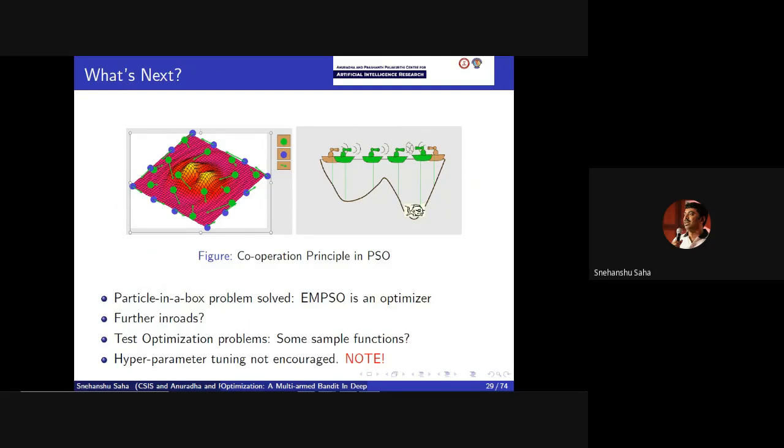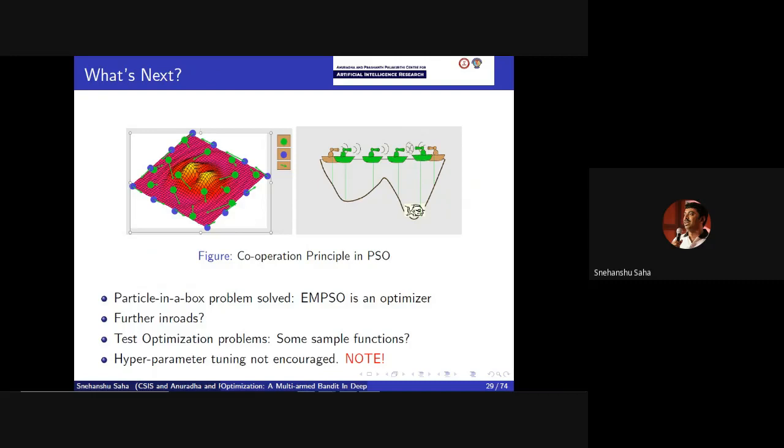The answer is no. And why the answer is no lies in several theorems that we proved. What I can tell you, because time is short, is that we kept each and every parameter under strict control and never played around with the values of any of the hyperparameters. And we didn't need to.